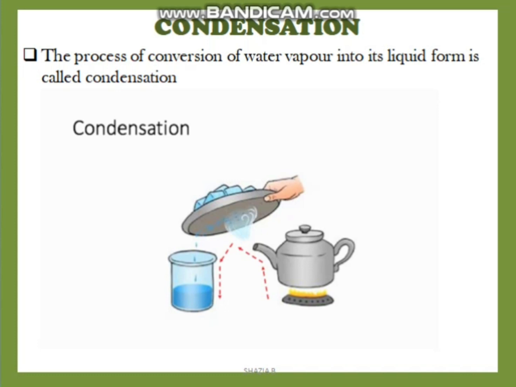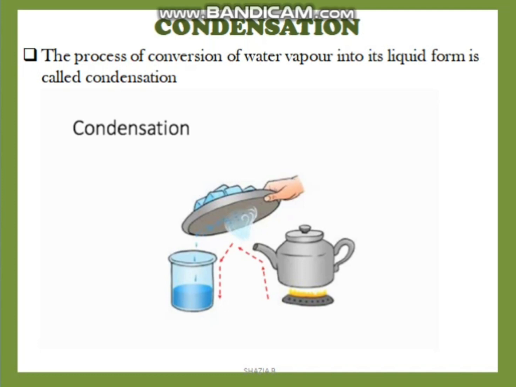From where do these water droplets come? These water droplets are a result of water vapor condensing. The lid is at a lower temperature, that is, a cold lid. So you are cooling down the temperature, and the water vapor condenses to form water, which can be seen at the top of the lid.